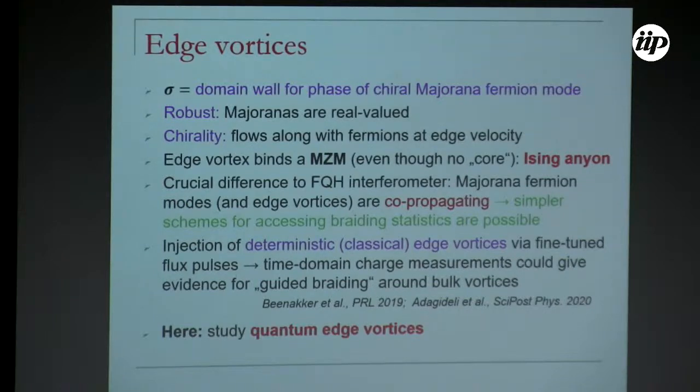Here, in contrast, we are after quantum edge vortices, because these edge vortices have been studied in CFT, conformal field theory, and they have very interesting properties that basically are really Ising anyons. These deterministic classical edge vortices are not Ising anyons.